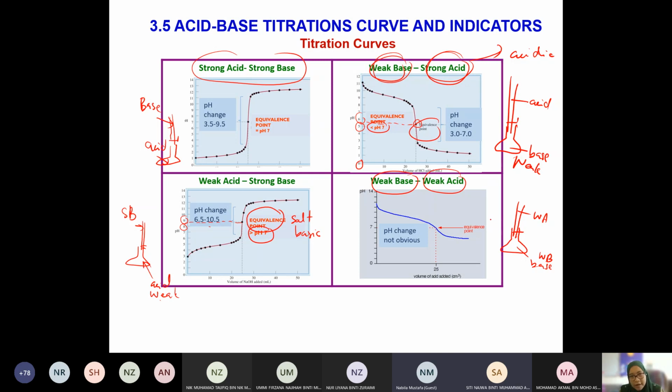So this 1, 2, 3 is very important, but the most important thing is for you to determine which one is placed in the flask and which one is the titrant.